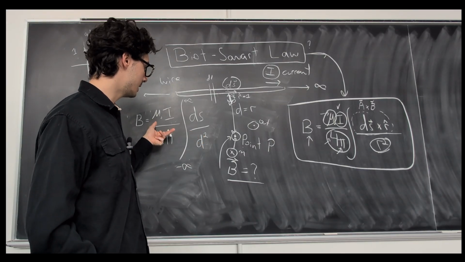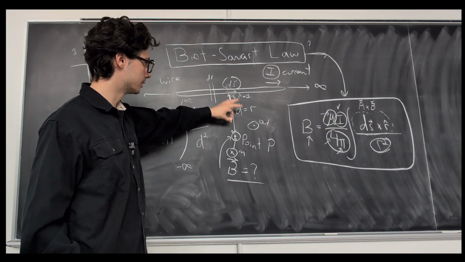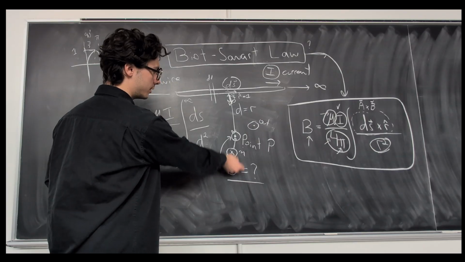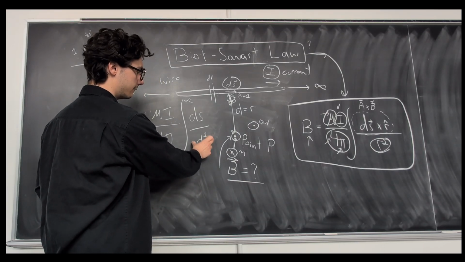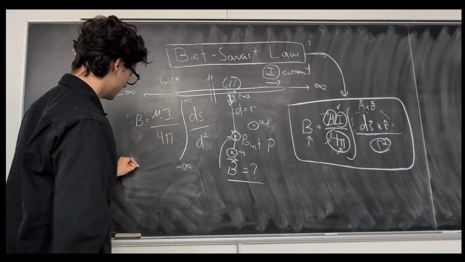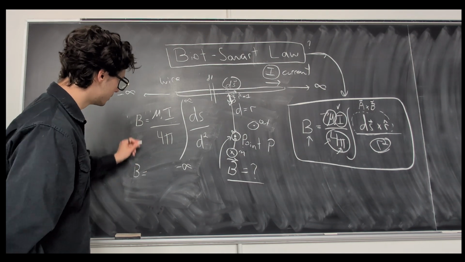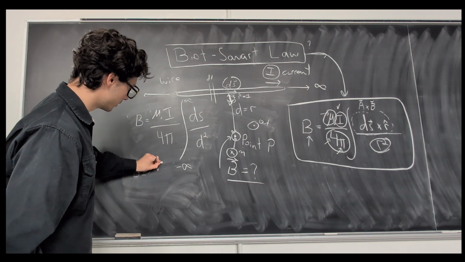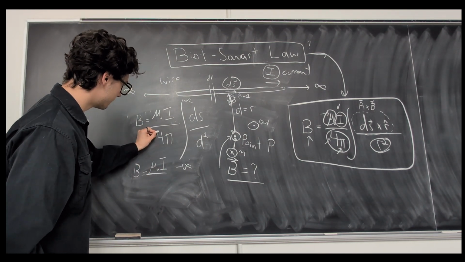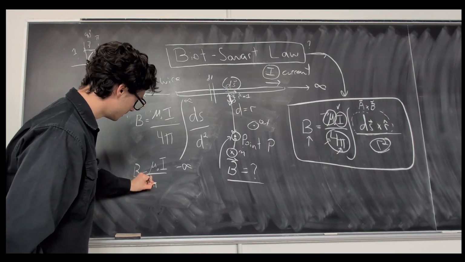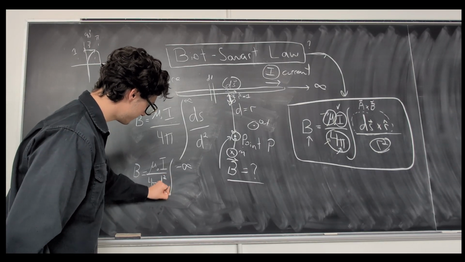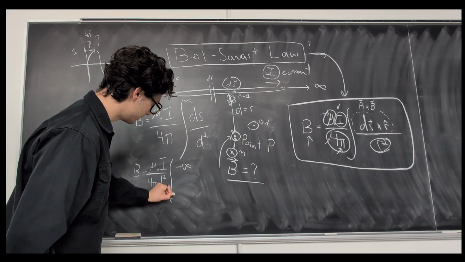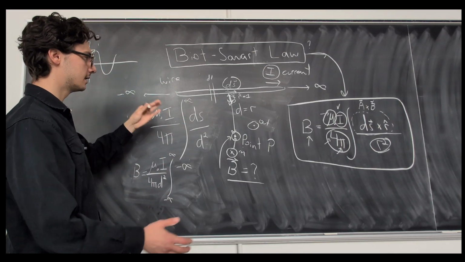So we can pull d out because d is not changing, it's just there. If we were moving this point back and forth, then this would be a variable and we can't pull it out of the integral. But in this case, we can pull it out of the integral, which simplifies this a little bit more. Here we have I, here we have 4 pi d squared. Here we have the integral, which is from negative infinity to infinity, if I'm not mistaken.